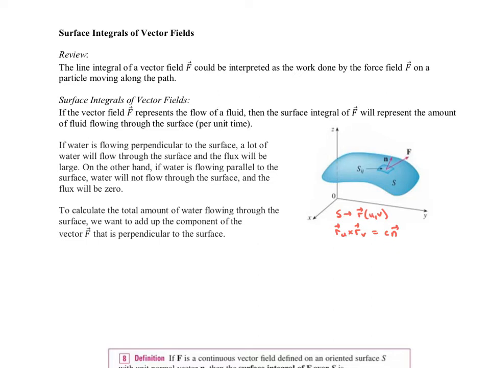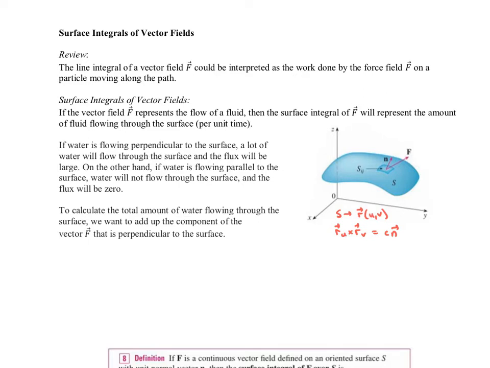But anyway, when looking at water flowing through the surface, we want to add up the component of the vector F that's perpendicular to the surface. If the force F at that spot is in the exact same direction as n, then the angle between them would be 0. This goes back to chapter 9 and the component feature. If F points away from n a little bit, we want to know how much of F is impacting n.